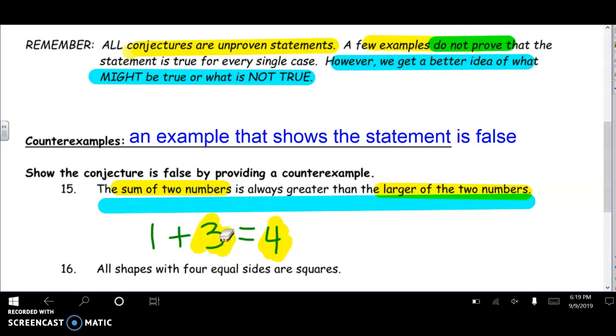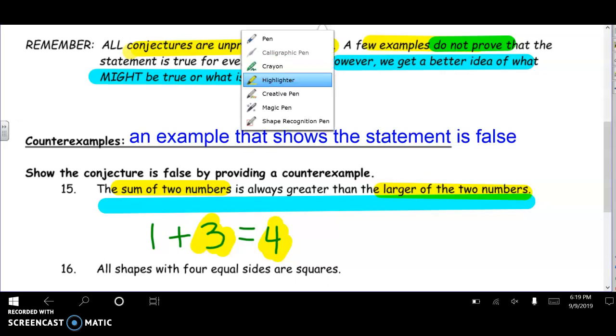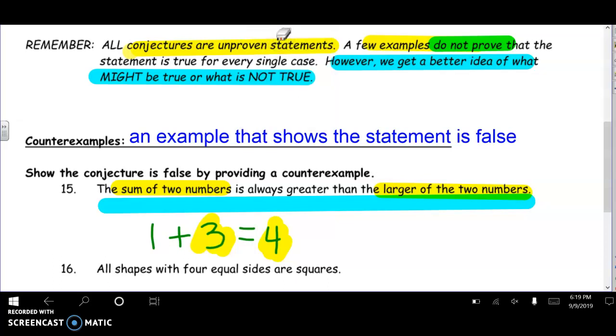Well, that seems to be working, and this is supposed to be a counterexample, meaning what I just said was wrong. Well, let's think about this. What if I take, instead of 1 plus 3 equals 4, I'm going to use a negative number. What if I take 2 and add it to negative 5? That gives me an answer of negative 3.